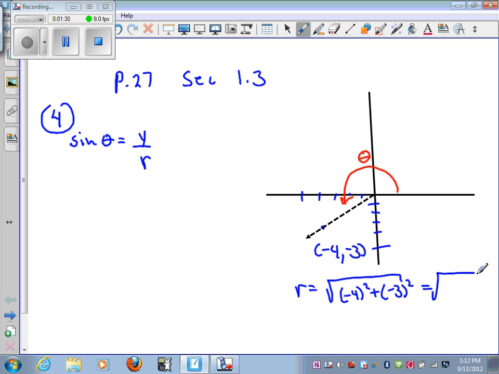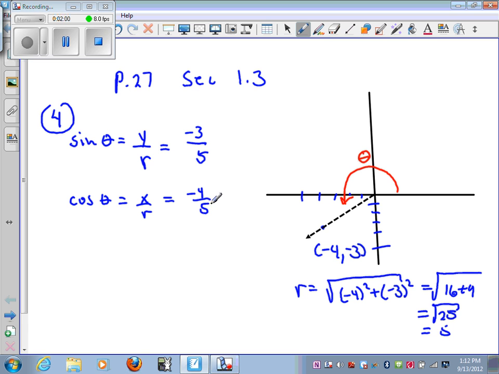So this is the square root of 16 plus 9, which is equal to the square root of 25, and that's going to be 5. So sine is -3 over 5. And the cosine is going to be x over r, and so that's -4 over 5.